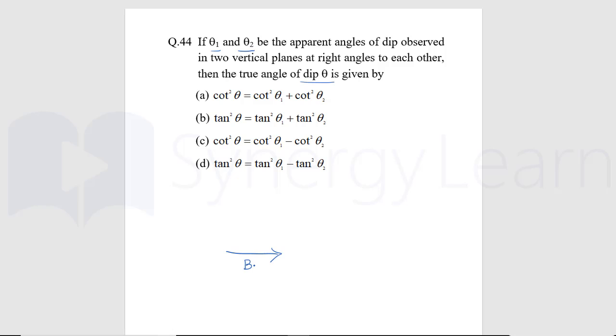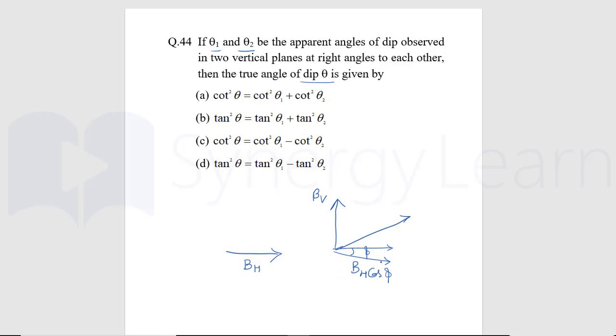When the BH, the horizontal component, is taken in a particular plane other than the magnetic meridian, then it becomes BH cos, say if this angle is phi, so it becomes BH cos phi. The vertical magnetic field remains the same. Angle of dip is the net angle which is formed.